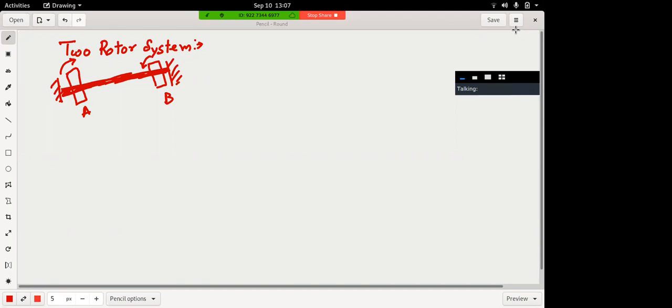So if A is given a counterclockwise motion, then B is given a clockwise direction. So what happens is that the shaft also starts vibrating. A part of the shaft vibrates with disk A, while another part of the shaft vibrates with disk B.